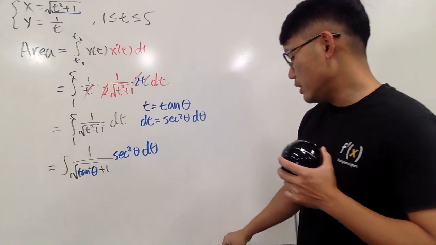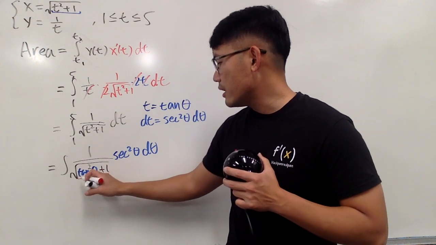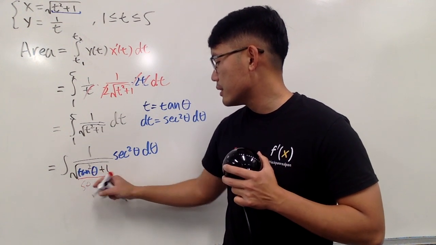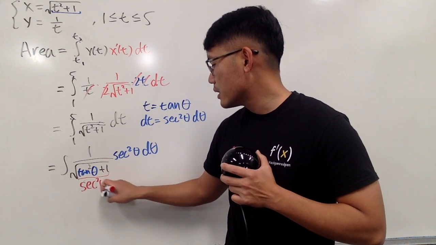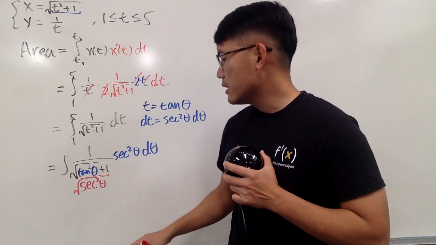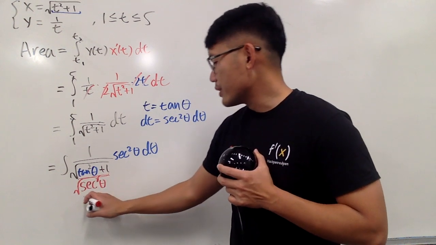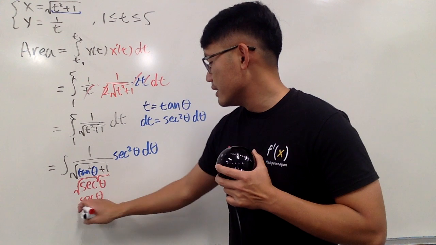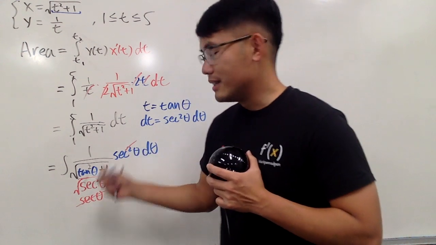And now, just like the good old days, you see this right here is secant squared theta inside of the square root. So of course this and that cancel, you just have a secant theta. So in other words, we can have this being cancelled with one of this. Therefore, we can integrate secant theta.